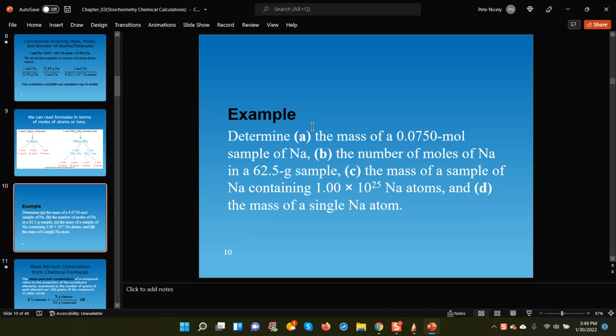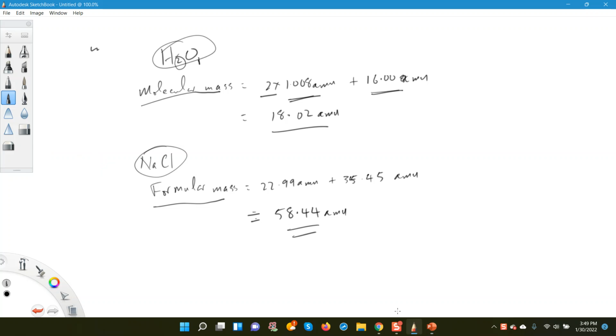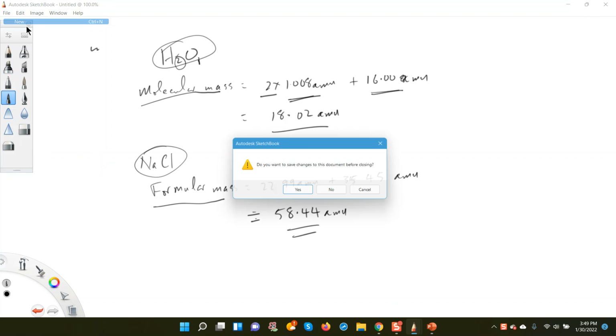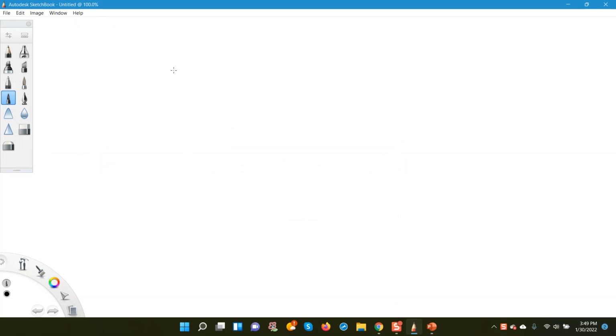So what I'm going to do is go to my writing application here. In this question, you're given 0.0750 moles of sodium, and you're asked to determine the equivalent amount expressed in grams for the same substance, right?